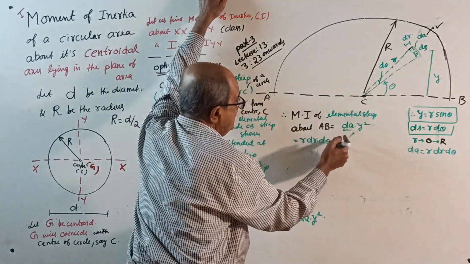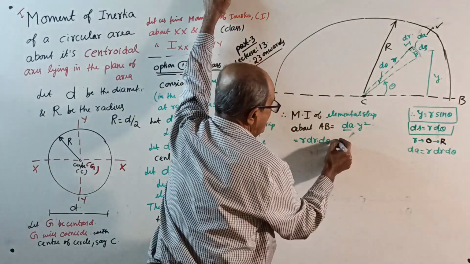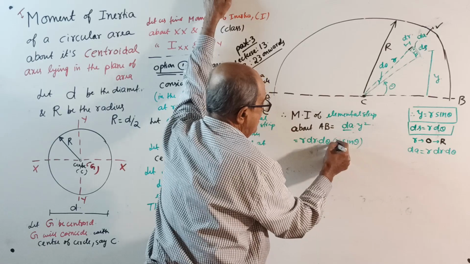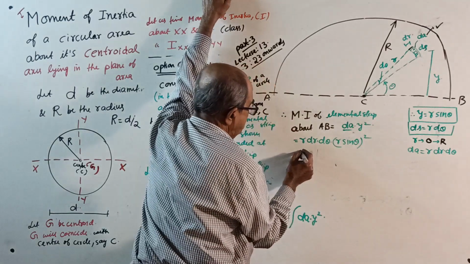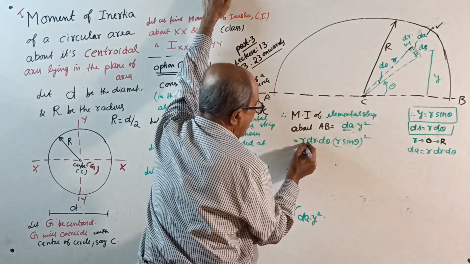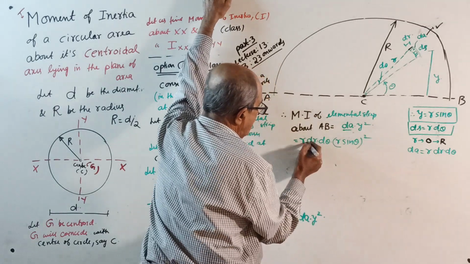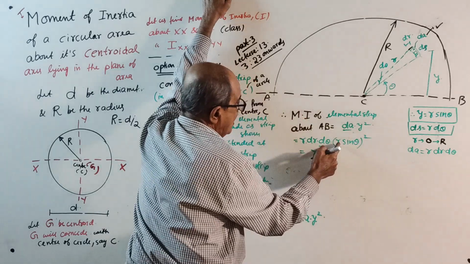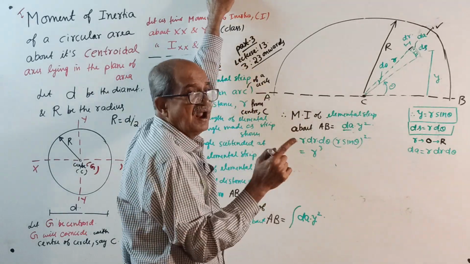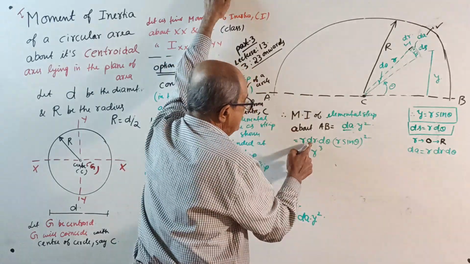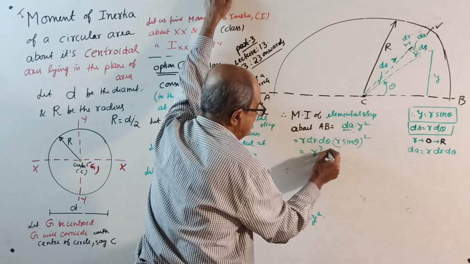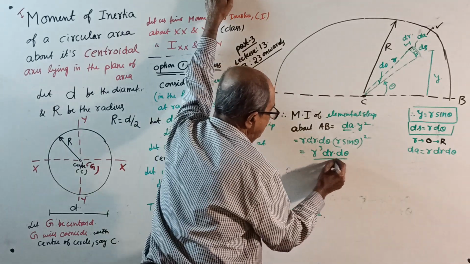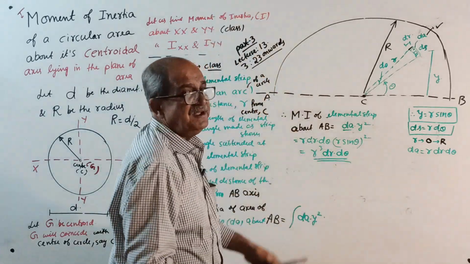So dA into y square is r sin theta whole square, which is equal to r square into r, that is r cube into sine square theta into dr into d theta. This is the moment of inertia of the elemental strip.